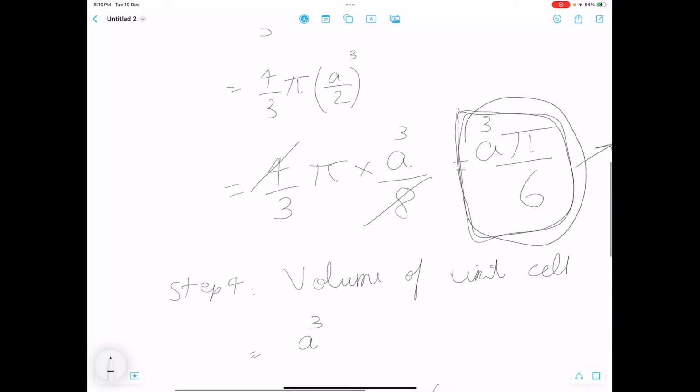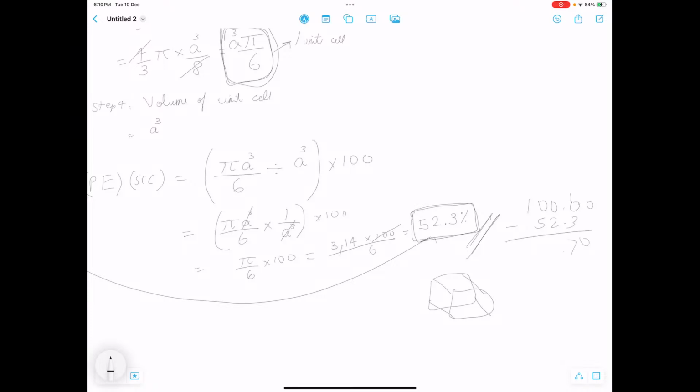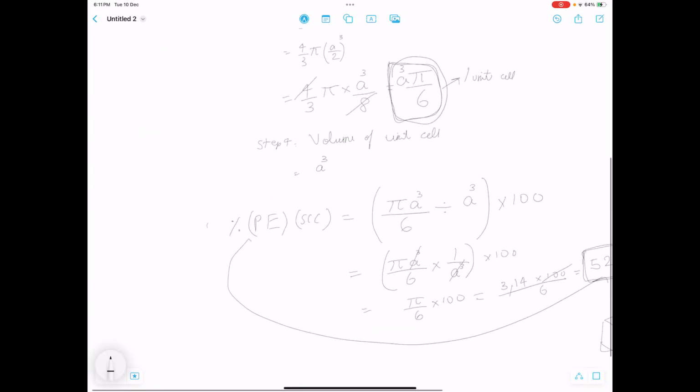The same way we can say from percentage packing efficiency that only 52.3% of the whole cube is full with particles. The rest is empty. How to know the rest? You just subtract from 100. 100 minus 52.3 is 47.7% empty. So this was percentage packing efficiency of SCC, which is simple cubic cell.